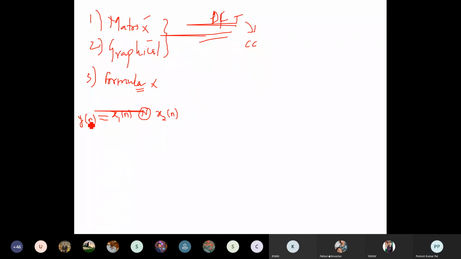If we want to find out the DFT of this signal, it would be given by the individual DFTs of x1 and x2.